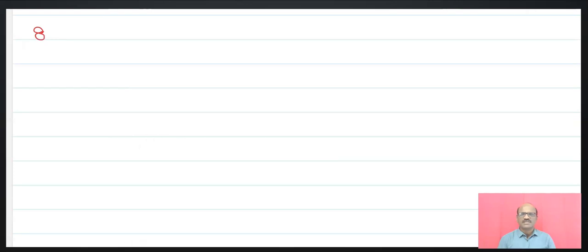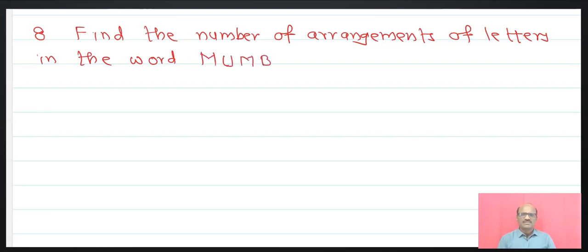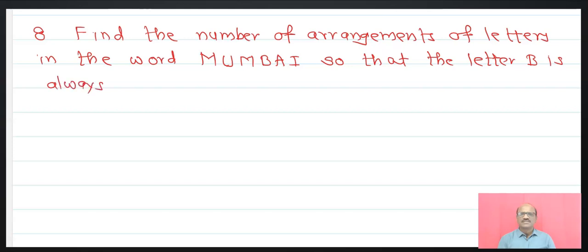Now next question, question number 8. Find the number of arrangements of letters in the word Mumbai so that the letter B is always next to A. In this way we require the arrangement.